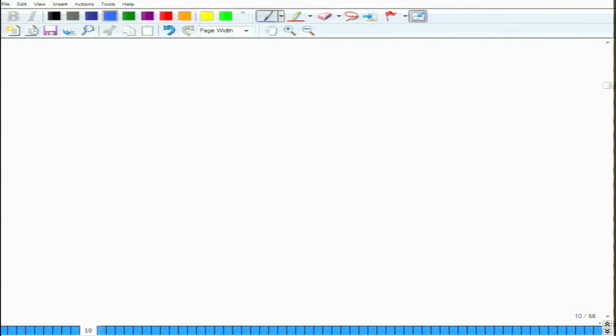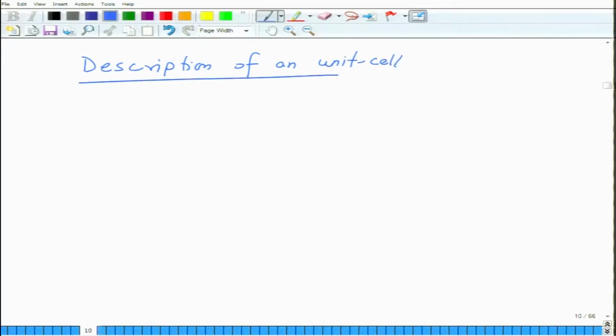So, basically the unit cell requires a few points for description. First thing you need to measure is its size and shape.